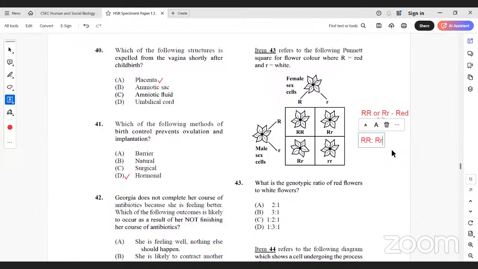We have 1 to 2 to 1. So in genotypes, this is the phenotype on top. This is the genotype beneath. So whichever one that works out to be C. 43 is C.